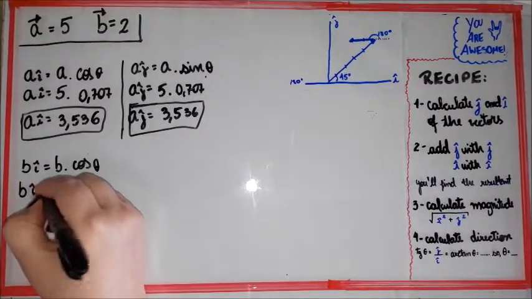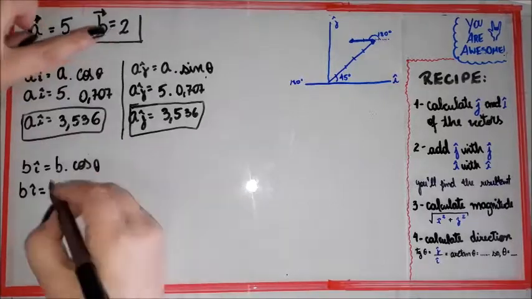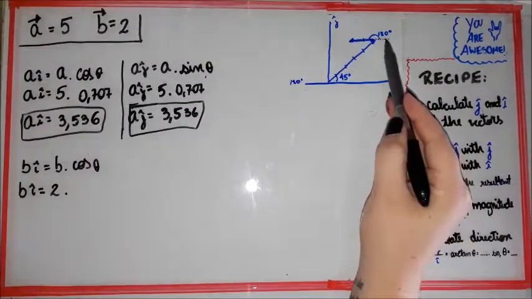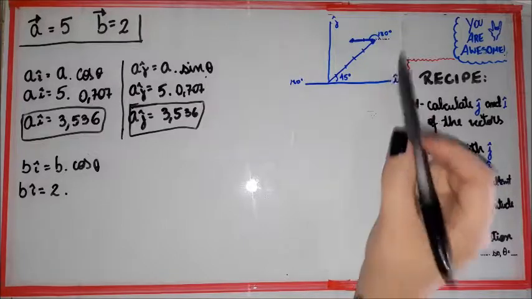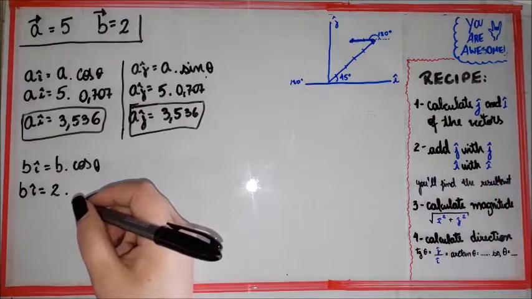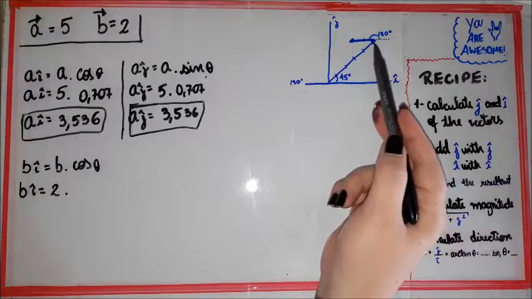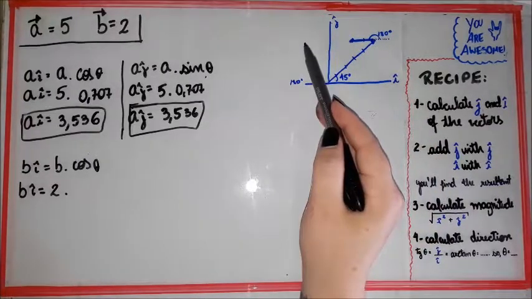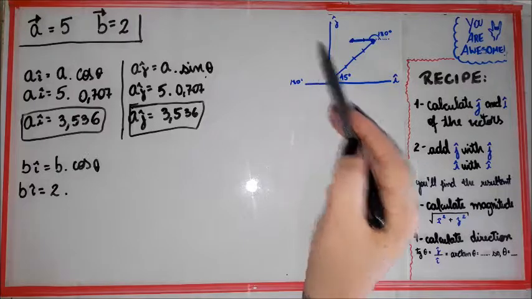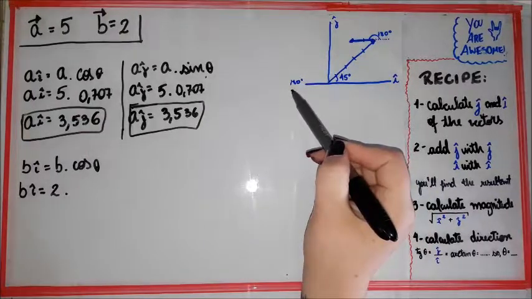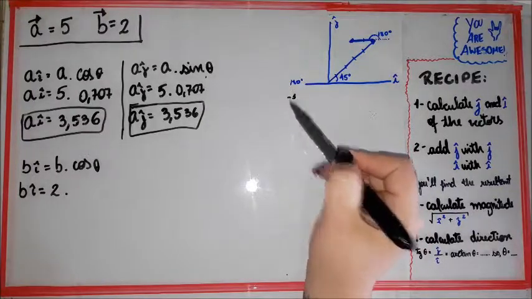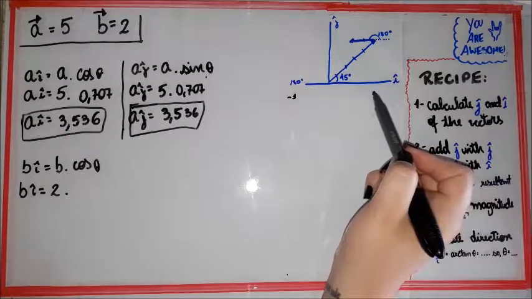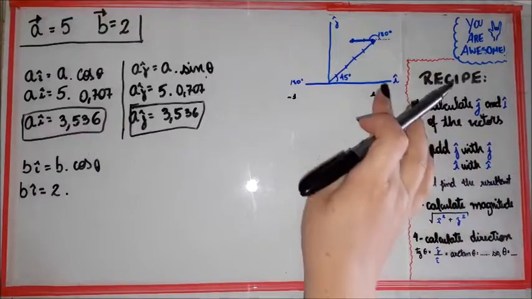So B i is equal to its magnitude times cosine of 180. As we know, the vector is pointing there. So cosine of 180 degrees is equal to -1. If it was 0, it would be 1.